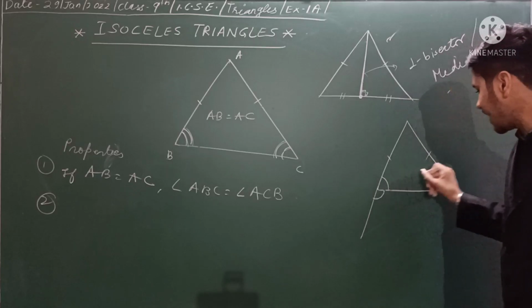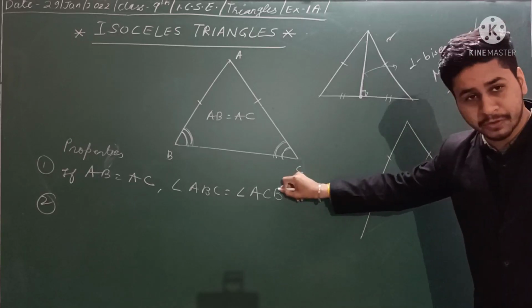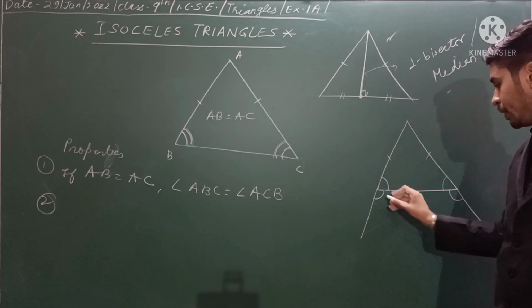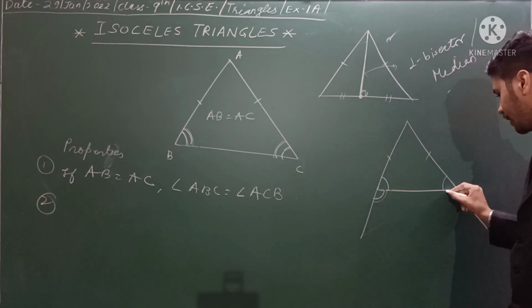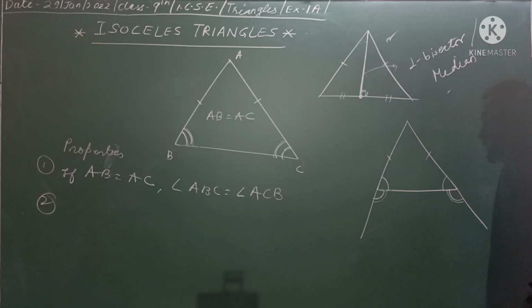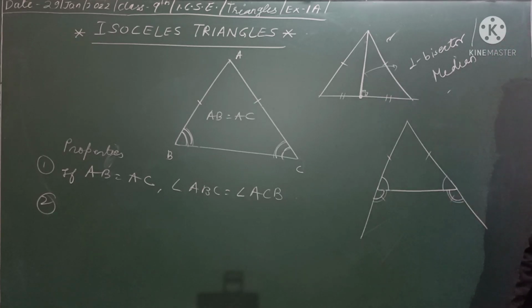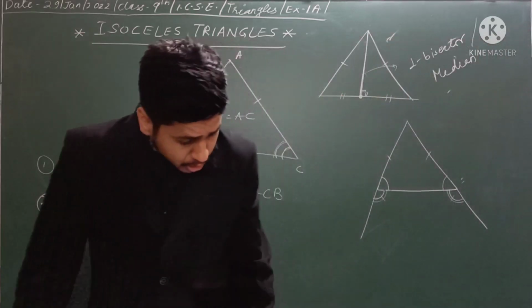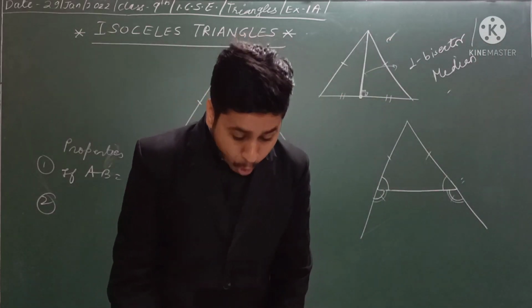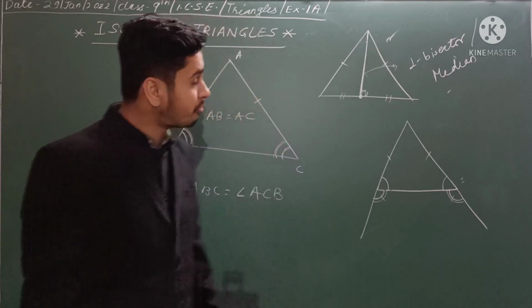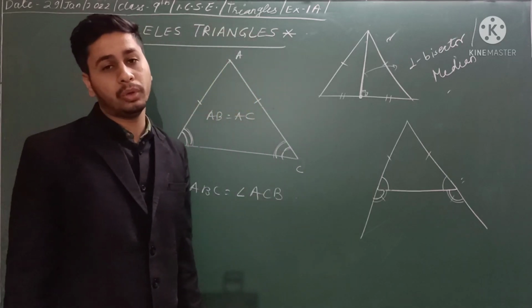That means, if this angle is equal to this angle according to the first property, then one more property you have to remember is that the exterior angles made by these two extended lines will also be equal. You can write this as the third property. So these are some important properties of the isosceles triangle which you have to remember.